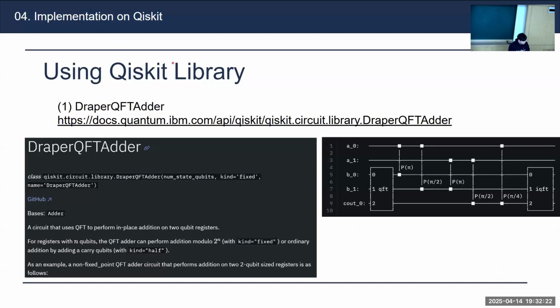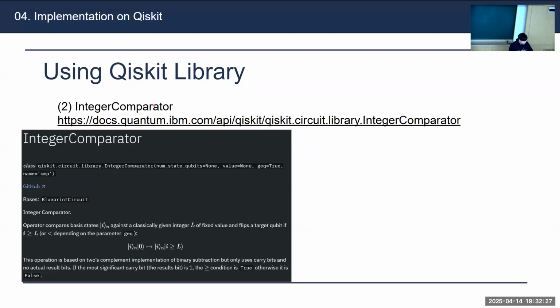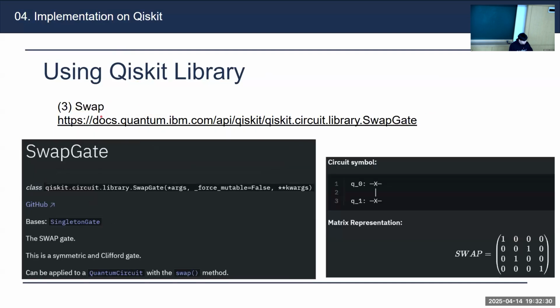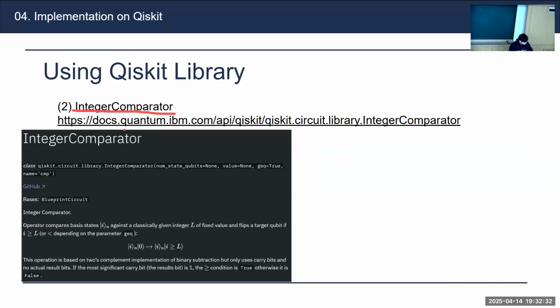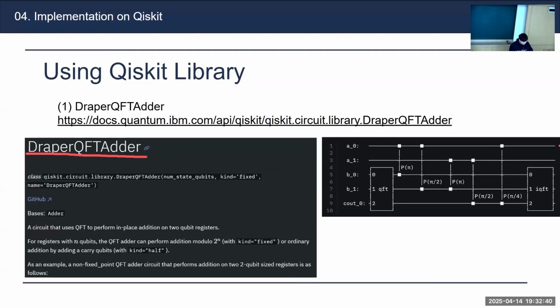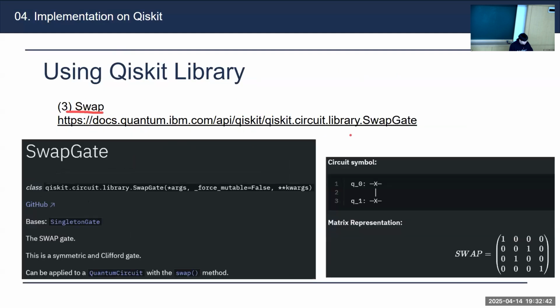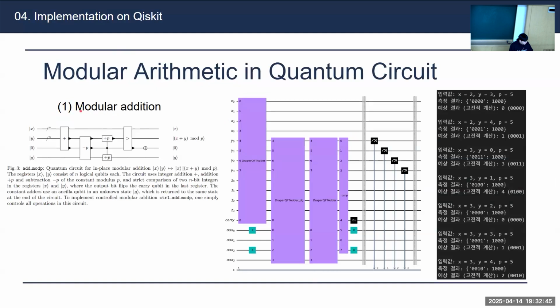I use a triple adder, an integer comparator, and swap, and there's a URL link. If you want, just check it. There's the paper, and this one is what I made, and this is the result.